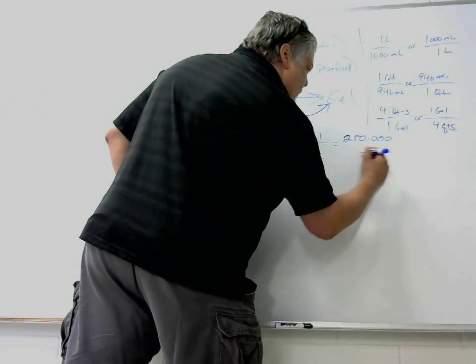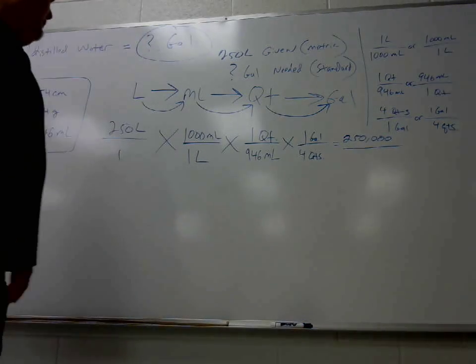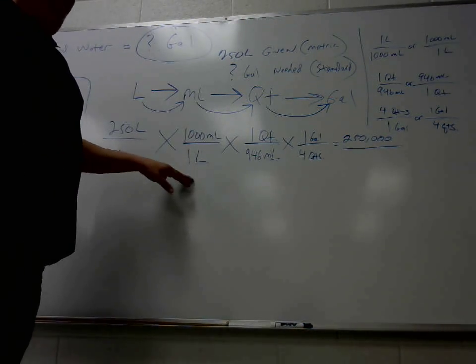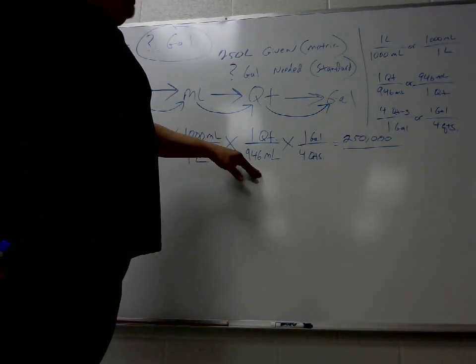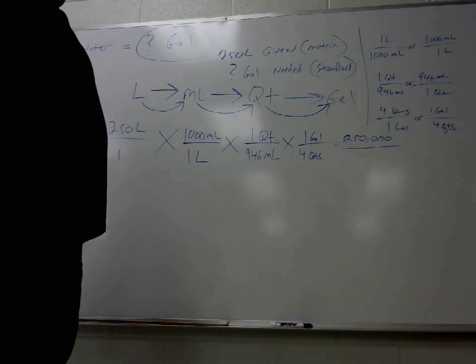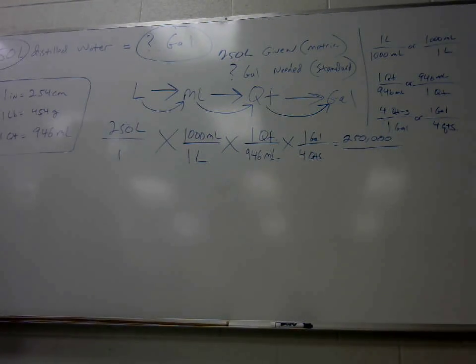250,000 over 1 times 1 is 1 times 946 is 946 times 4. What is that? 66. Grandpa's brain's not awake yet. 66.07. Well, I was going to say, we rounded to here, is the whole number?